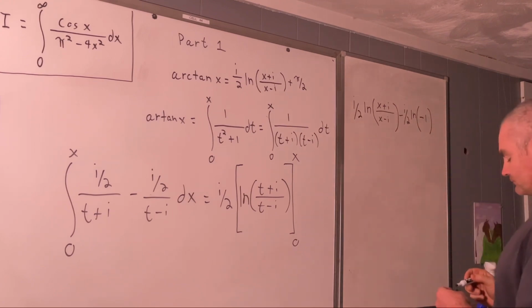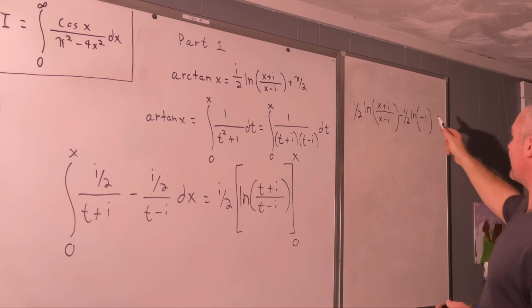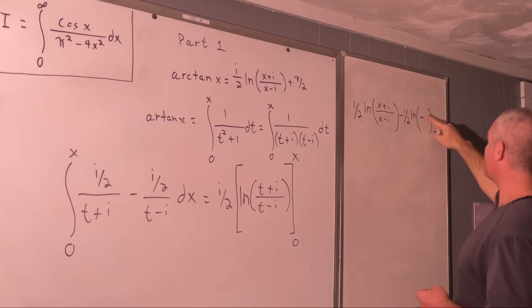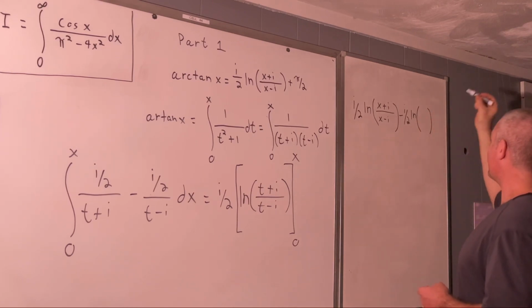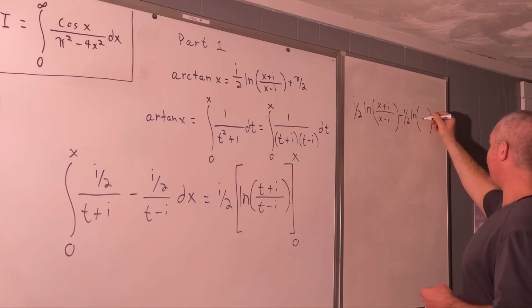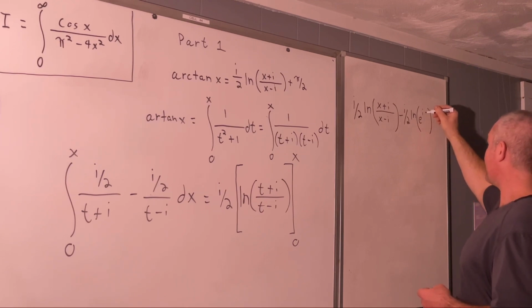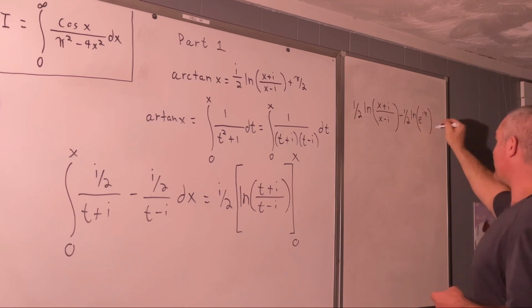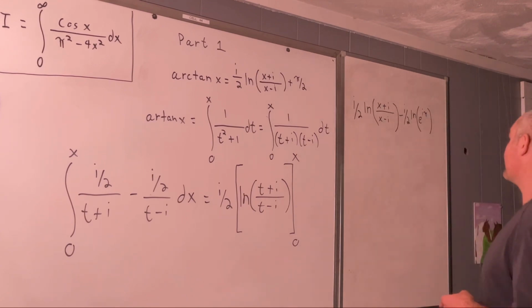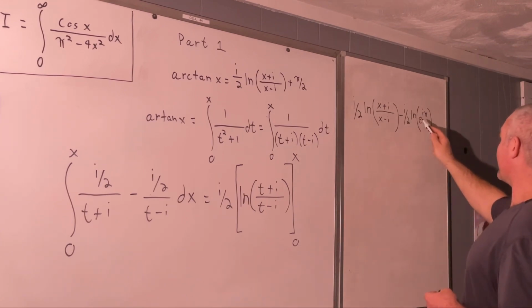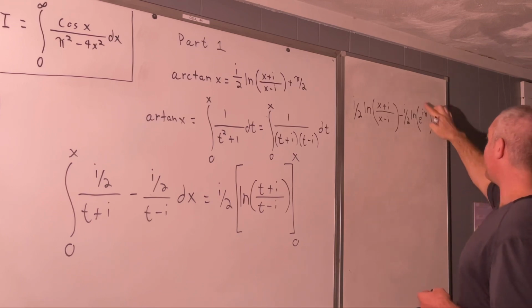Okay. What is the natural log of negative 1? Well, we know from Euler's formula that negative 1 is equivalent to e to the i pi. Using the properties of logarithms, this simply becomes i pi.